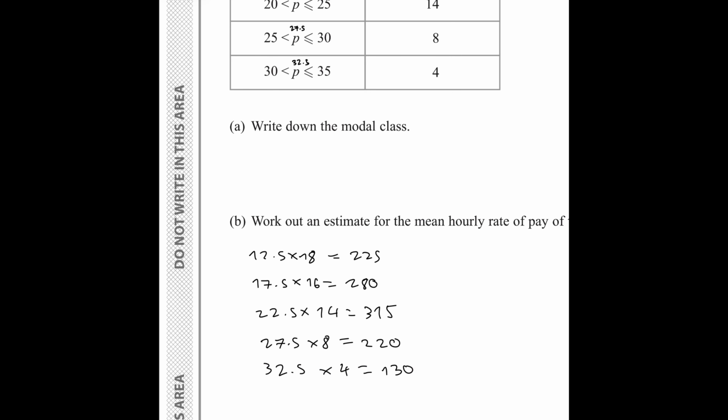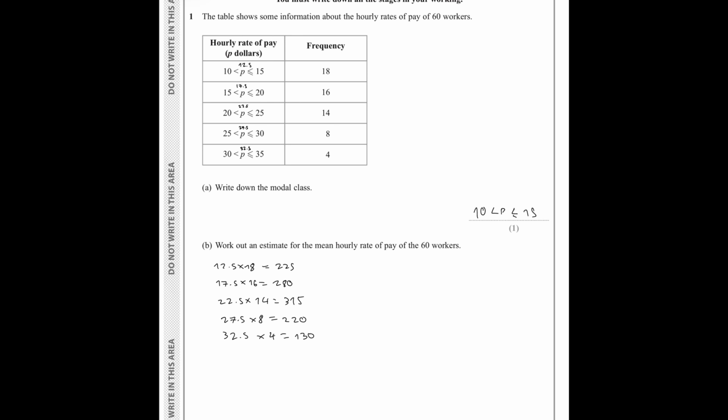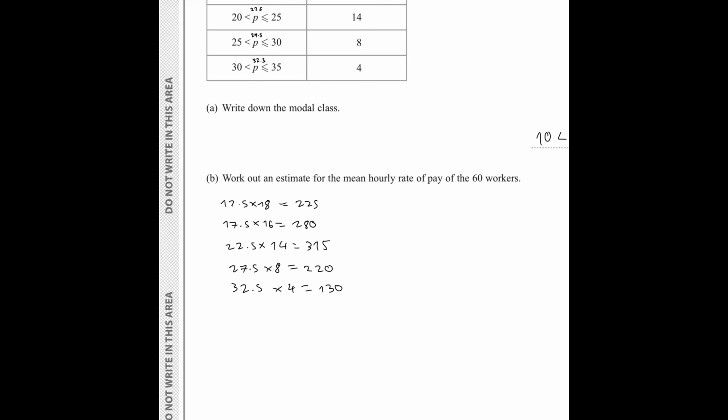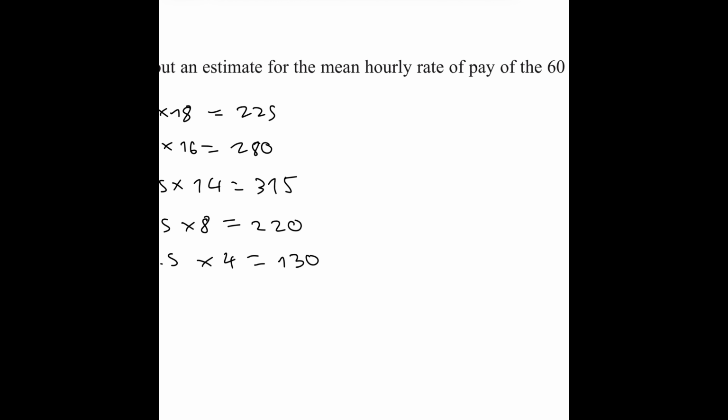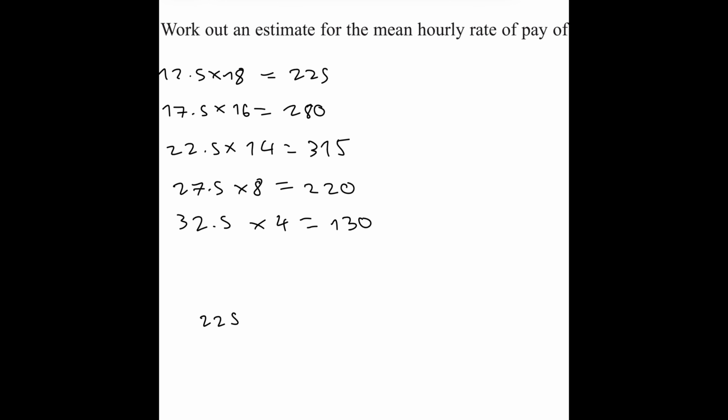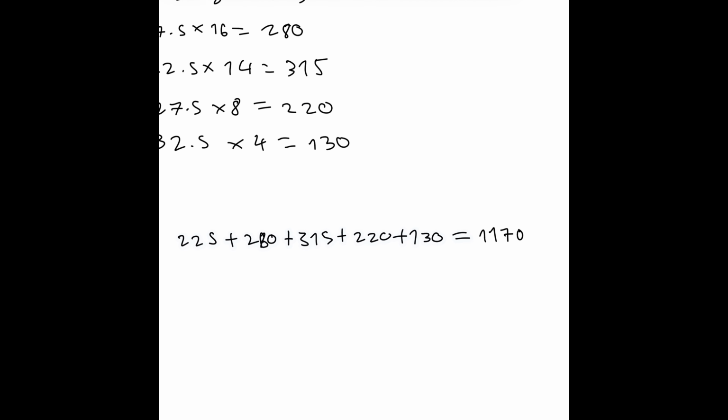We want to add them together to find the total hourly rate pay of all 60 workers. So let's do that really quickly. So you're going to do 225 plus 280 plus 315 plus 220 plus 130, which is going to give you, just put it in the calculator, 1,170.